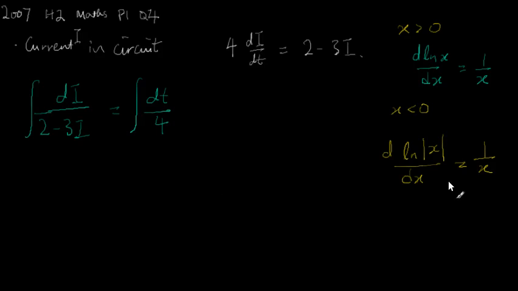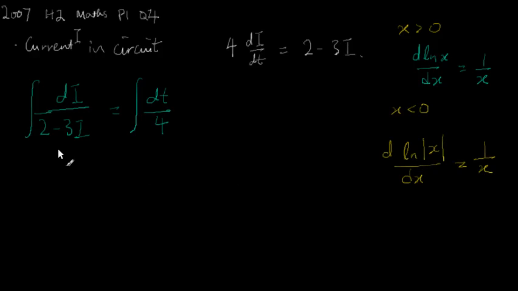In order to use this result here, I want to be able to integrate a function that looks like this. If I integrate 1 over x, I will get log modulus of x.